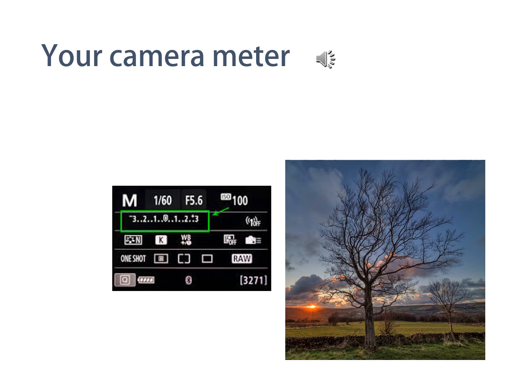To understand why, we need to understand what our meter is doing. Cameras have become increasingly sophisticated. Most cameras have 3 or more metering modes, but the principle remains the same. Meters measure luminance, that is, they measure light intensity, not colour.